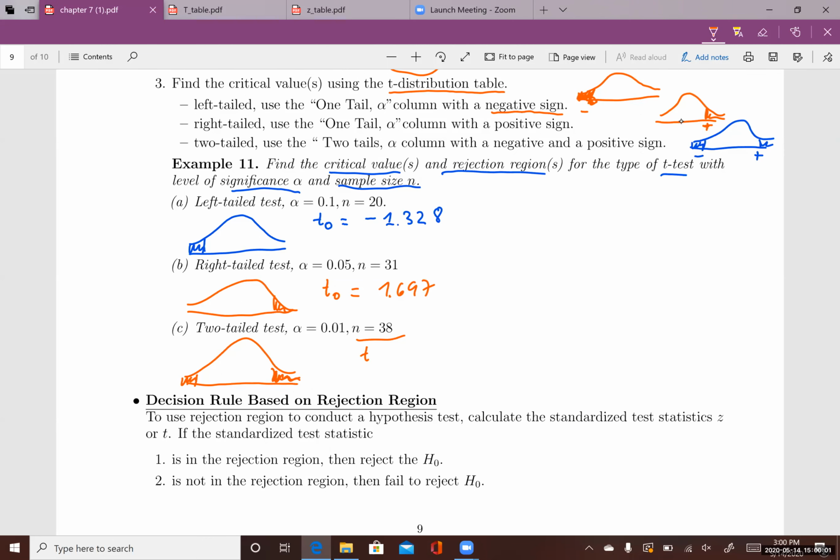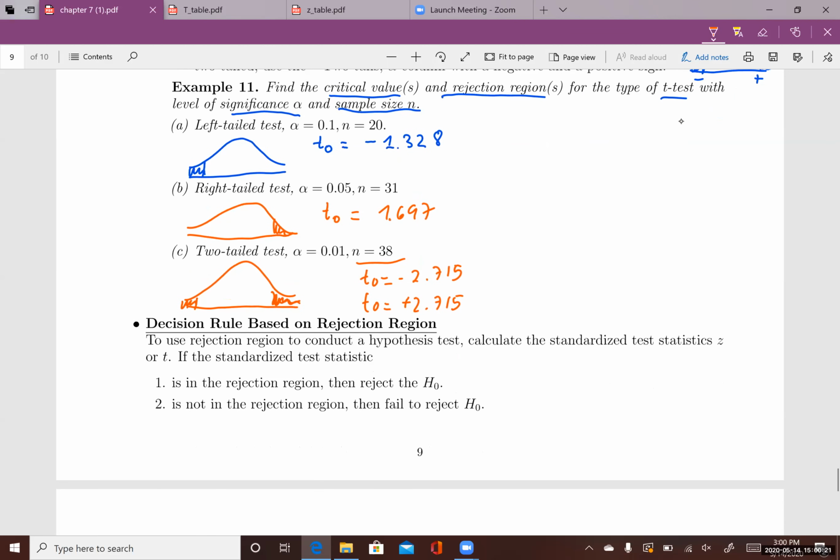So t is negative 2.715, and you have another t that is positive 2.715. Because your rejection regions are on both sides, you need to have two different critical values. One is negative and one is positive.